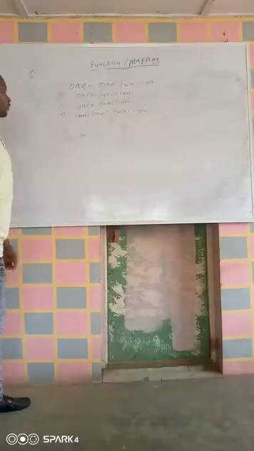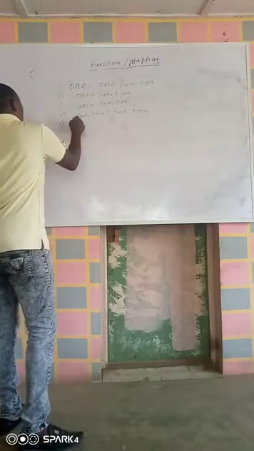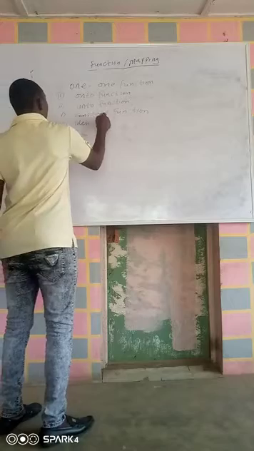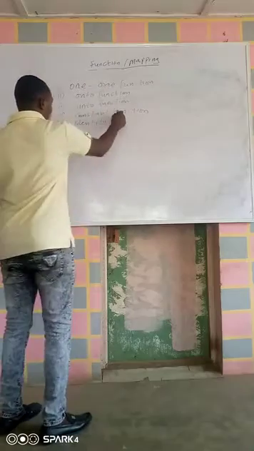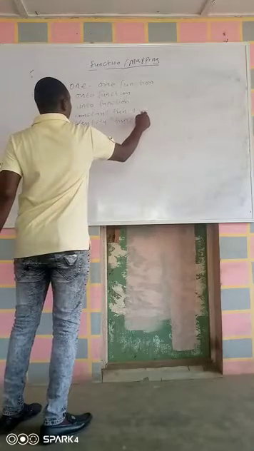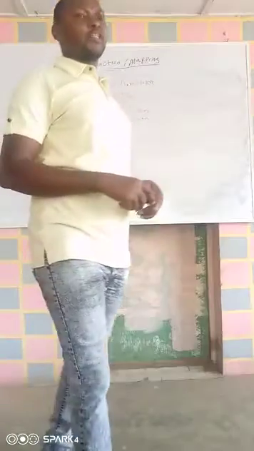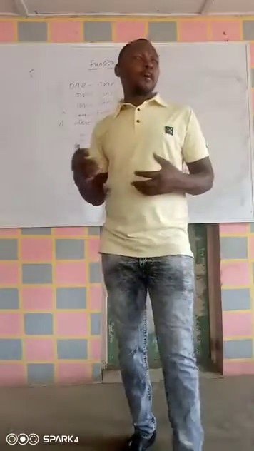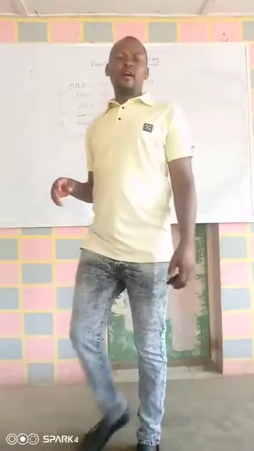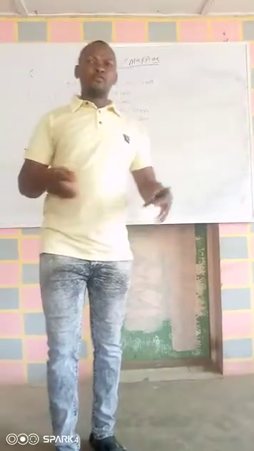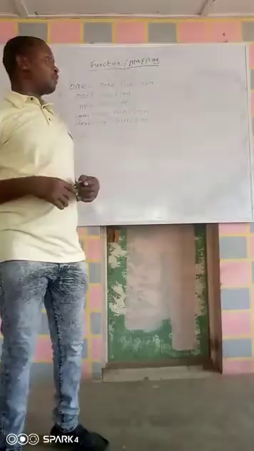We have constant function. We also have identity function. So we'll be taking them one after the other, and I'll be representing them using arrow diagrams, so that you can get a true picture of each type of function.